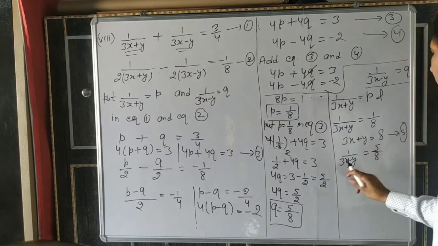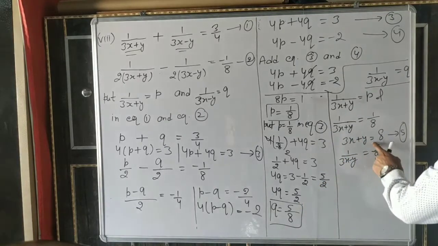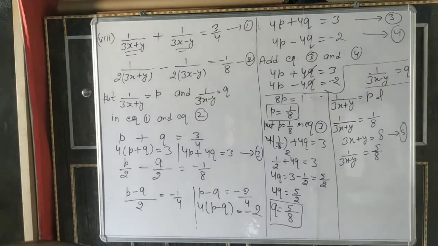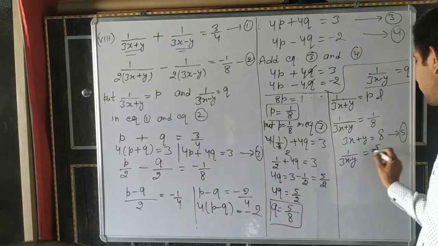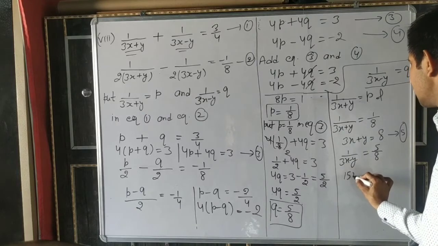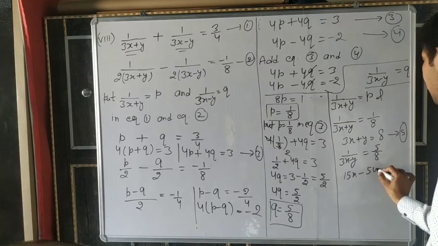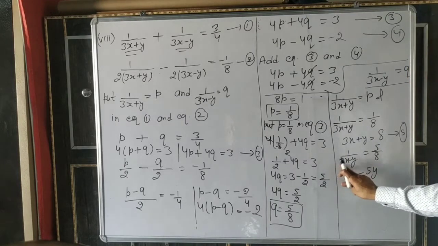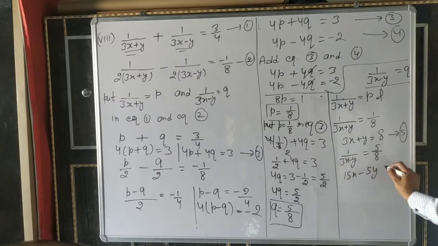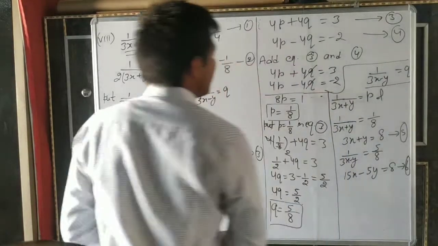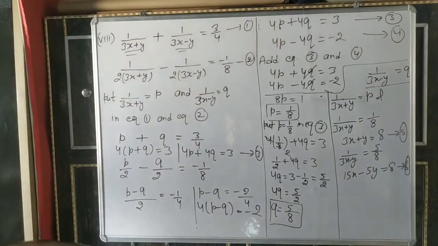So we will multiply 5 by this equation. So what will we write? 5 into 3, 15x minus 5 into y, 5y equal to 8. Equation number 6.